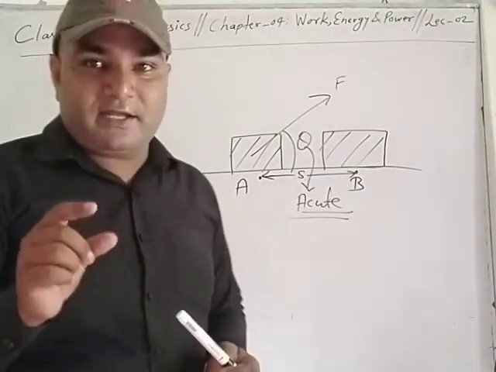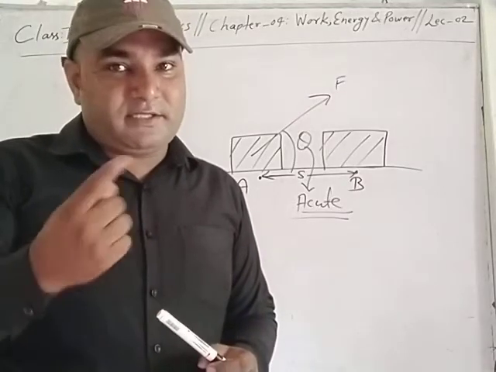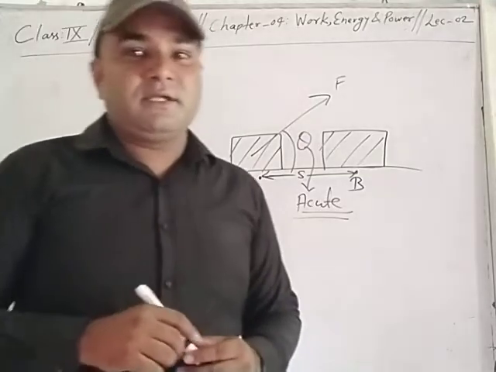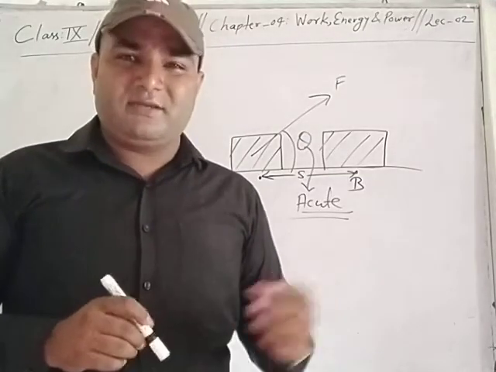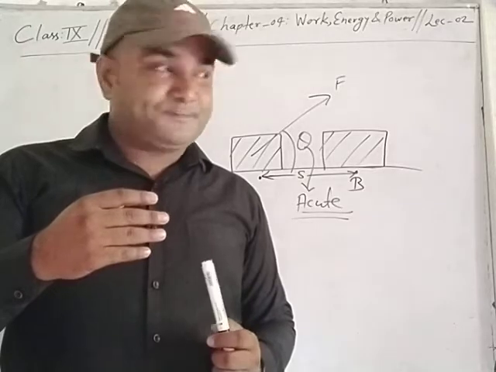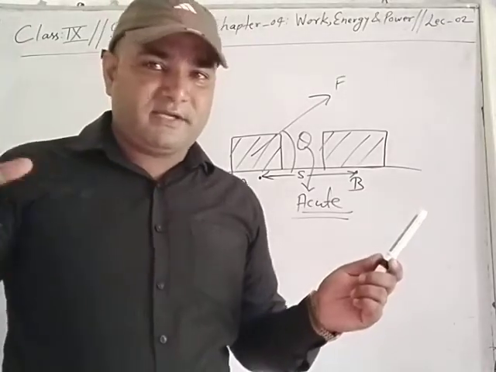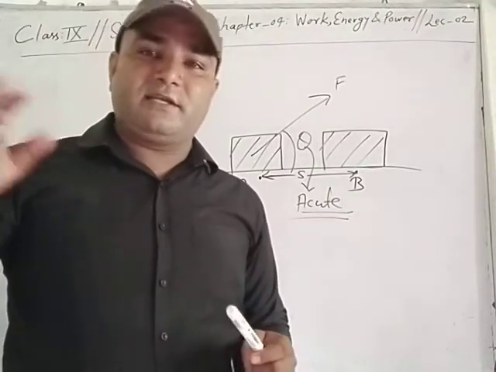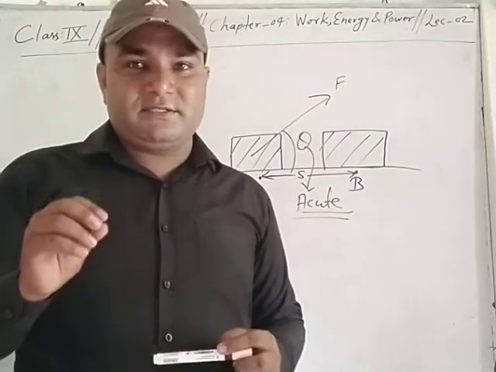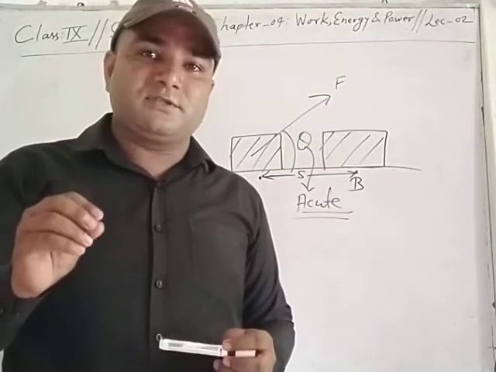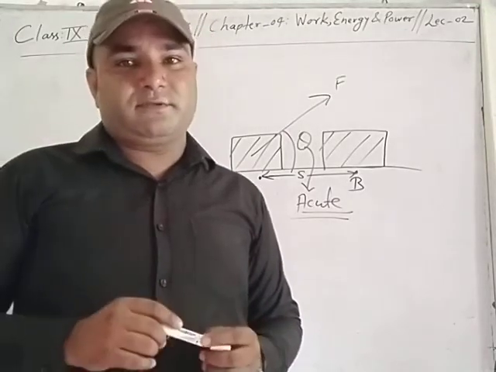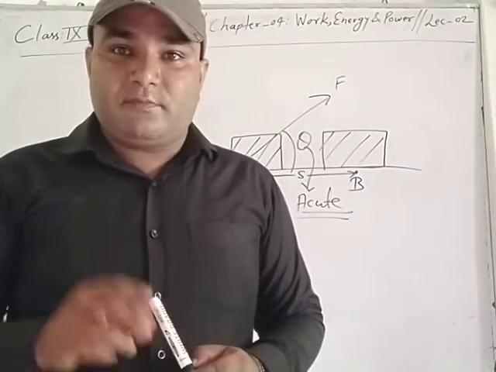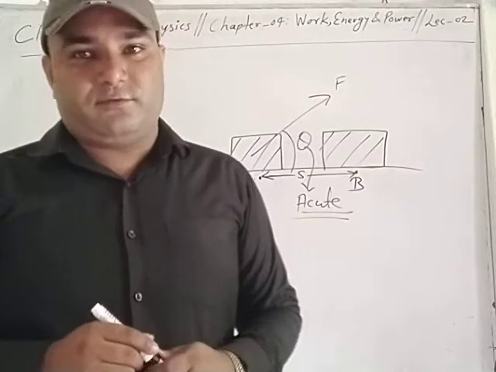It means whenever the angle is either equal to 0 or greater than 0 degree but less than 90 degree, in all cases the work done will be positive. There are many more examples: when you are applying force on any box to make displacement, or in kicking, pulling or pushing, in all cases the work done by force is positive work.